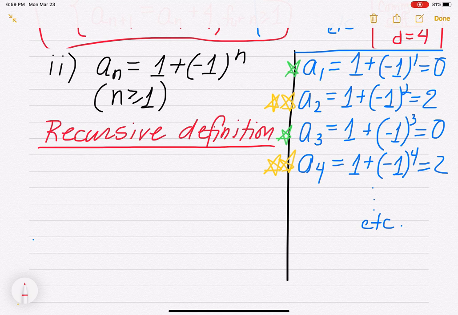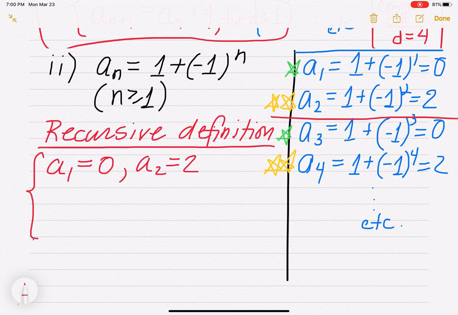So we're going to have initial terms a1, which is 0, and a2, which is 2. So you have the green types and the yellow types.